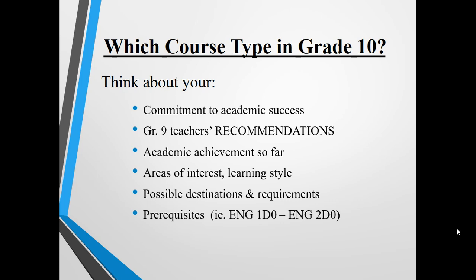The one that will be is a student who wants to move from applied math to academic math. If that is your plan, then the prerequisite for grade 10 academic math is grade 9 academic math. And in that case, the student will have to go and take the grade 9 academic math before taking grade 10.